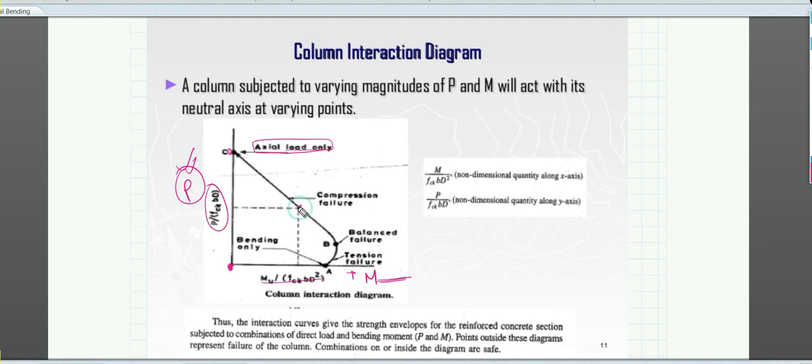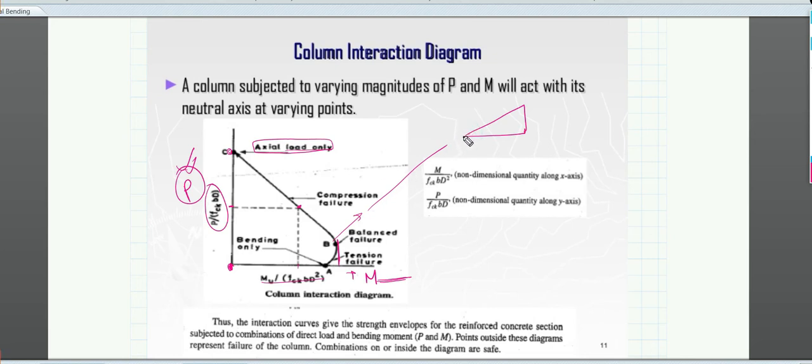At a certain point, the P value and the M value will both be increasing. Then at a certain point, we will have the balance failure.